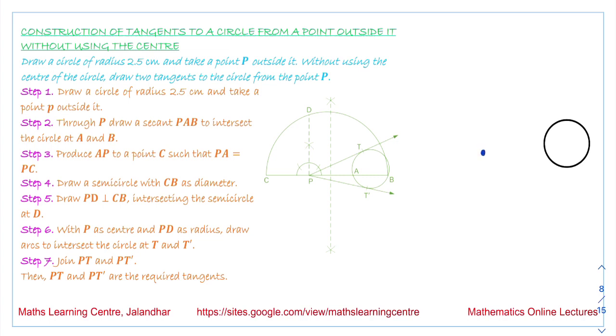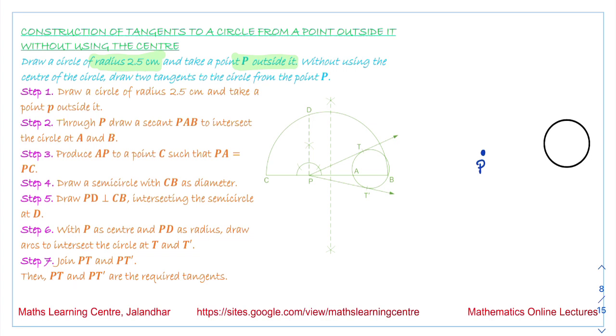This is the point P we are talking about, and we do not have to use the center of the circle, and we have to draw the tangent from the point P to this circle. Suppose, as mentioned in this question, the radius of the circle is 2.5 centimeter. We have drawn the circle of radius 2.5 centimeter. We have taken a point P outside it, and without using the center, we have to draw the 2 tangents.